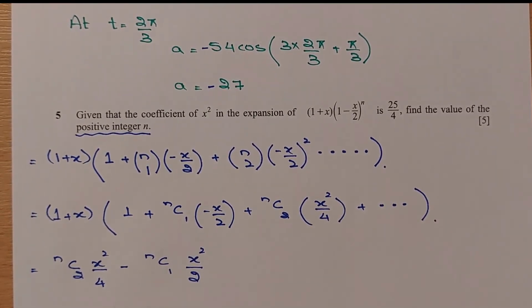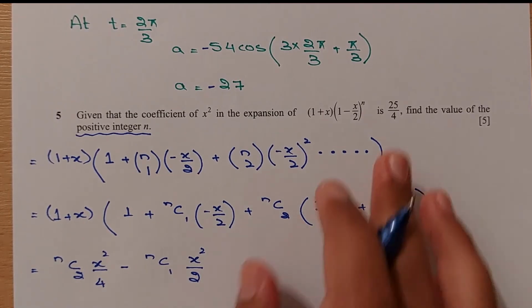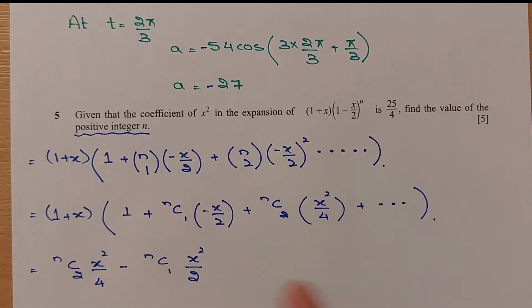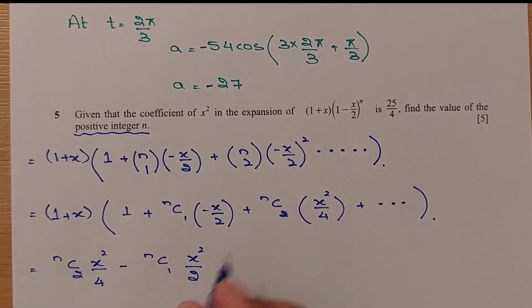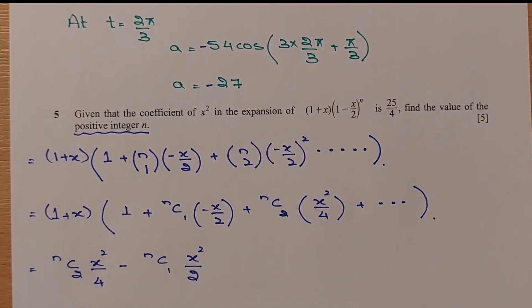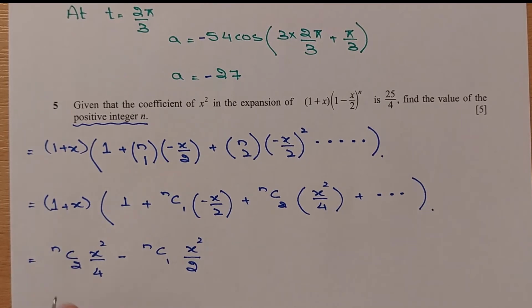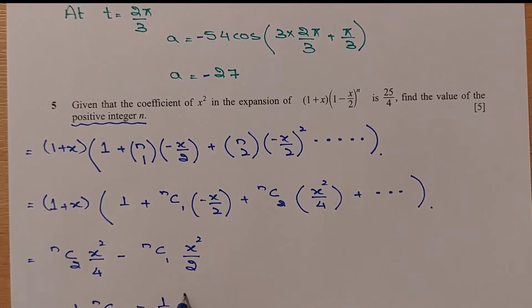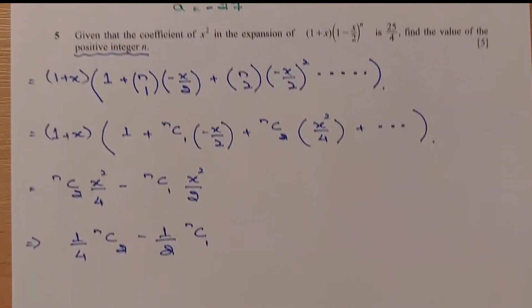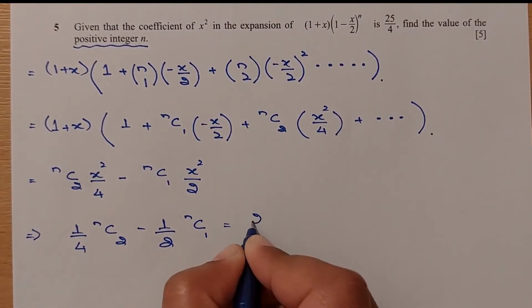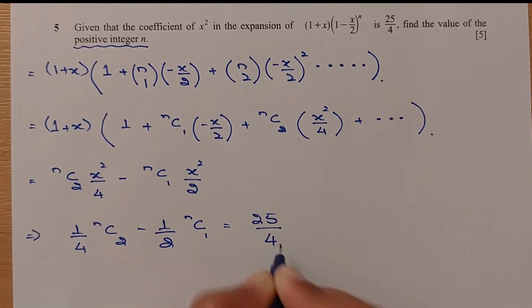Okay, so we know that the coefficient for the x squared term is 25 by 4. So let me simplify this further. Let me just find the coefficient from these terms. So the coefficient of x squared is 1 by 4 nC2 minus 1 by 2 nC1, and that equals 25 out of 4, right?